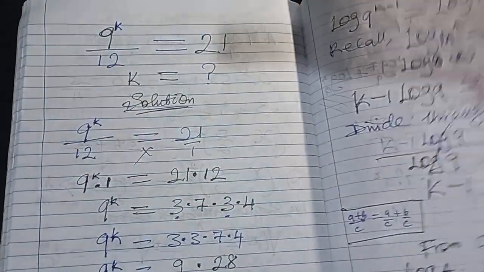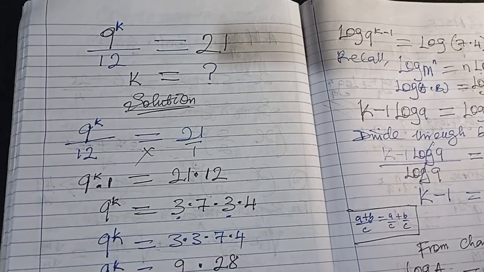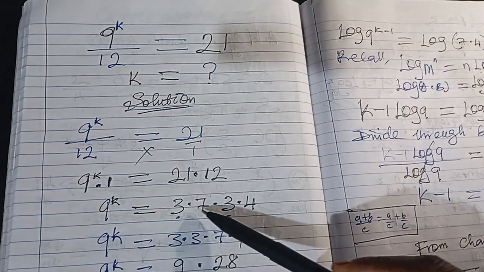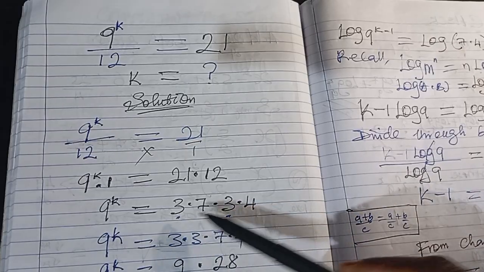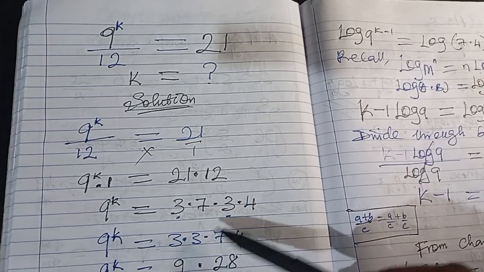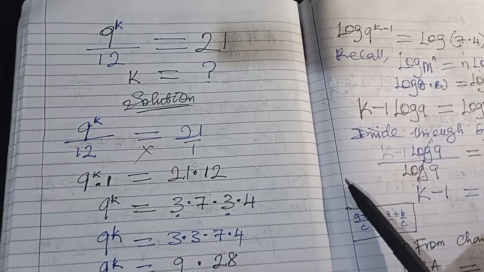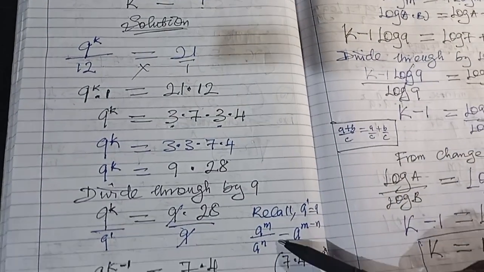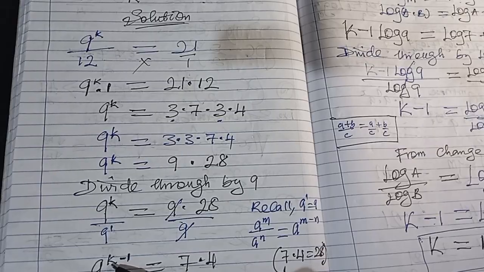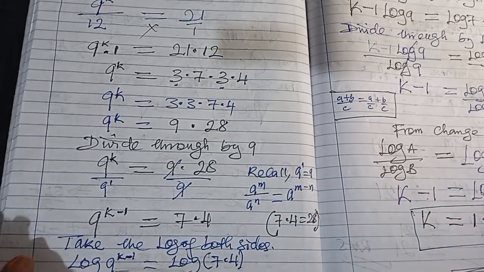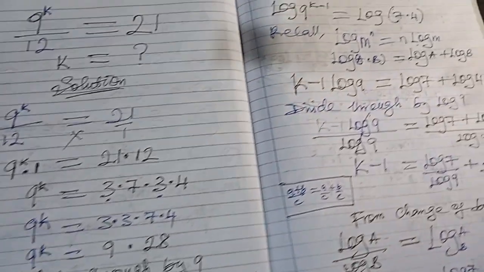Okay, quick recap. Remember what I have done. I cross multiplied here to have 9 raised to power k is equal to 3 times 7 times 3 times 4. I brought out 3 and 3 to be 9. Then divided through by this same 9. I applied the division rule to have 9 raised to power k minus 1. Take the logarithm of both sides and then solve for k.